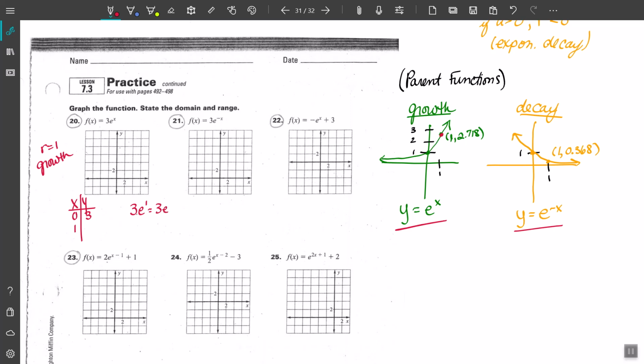So that's what you want to put into your calculator. You could either do 3 times the second button, or you could do just 3 times 2.718. And when you do that, you should roughly get 8. I think it's like 8.15.